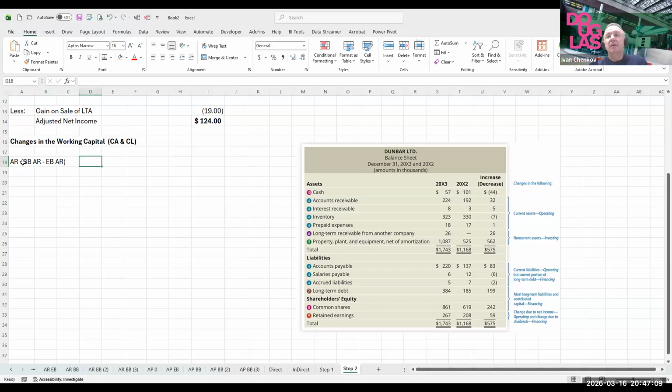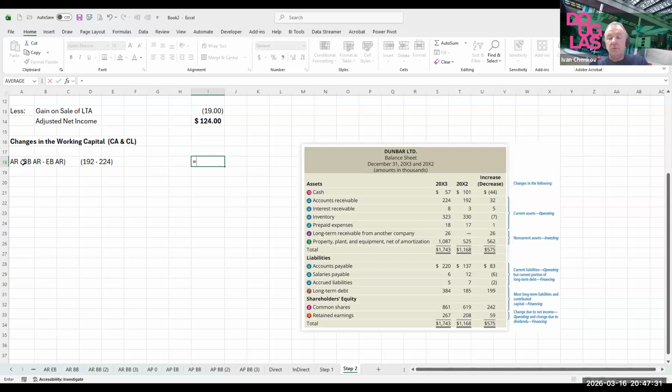So how much is my beginning balance? 192 minus the ending balance, which is 224. What's the number that we're getting here?